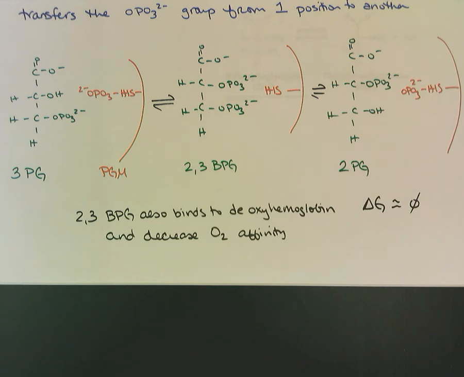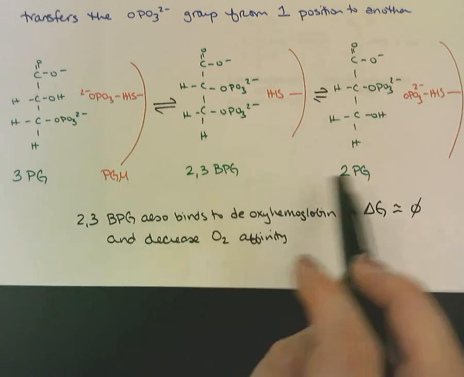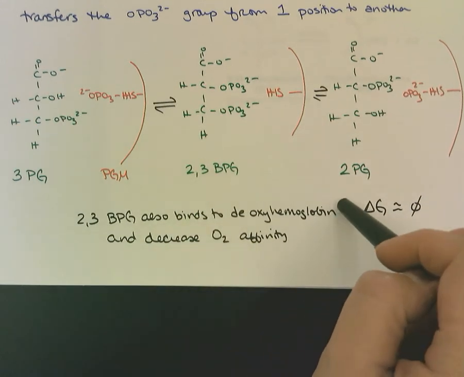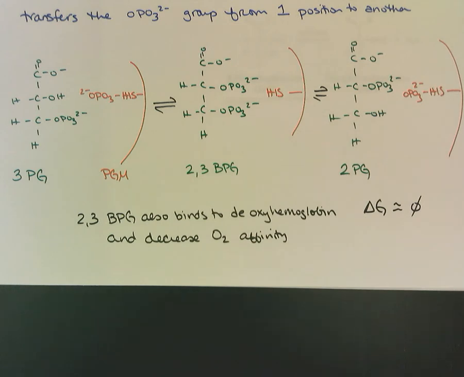Concentration. As your body runs out of the 2PG, it'll force this reaction to go all the way to this final step because it needs it. You good on that? Okay.